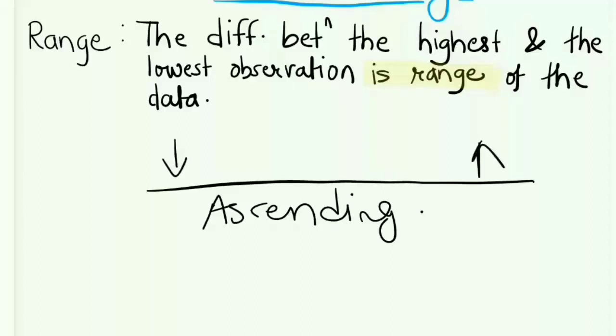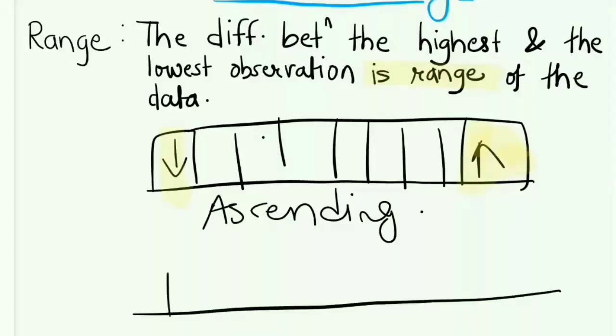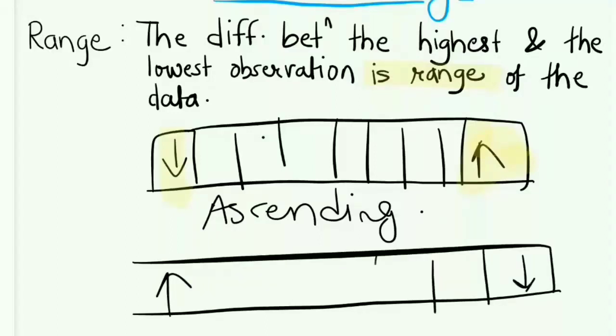So first value जो भी होगी, when we subtract it from this last value, we get the range of this data. And if we have arranged it in descending order, then we have the last value subtracted from the first value.